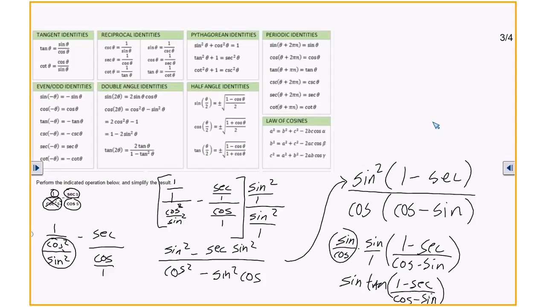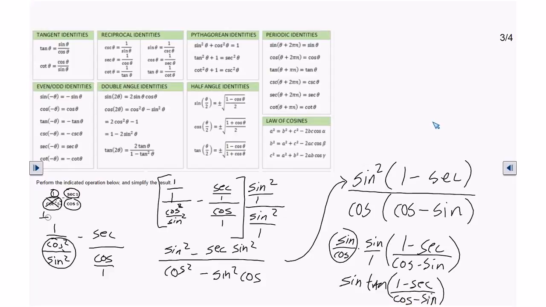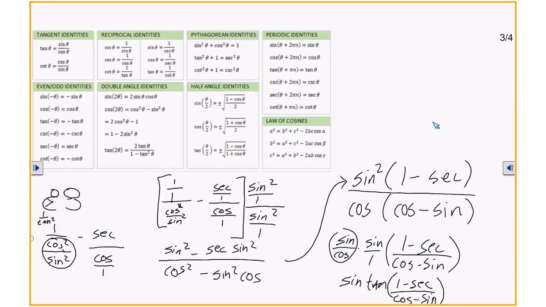But I don't think that cosecant squared minus 1 is going to help us. So you might want to try rewriting that cotangent squared as 1 over the tangent squared. That might work. And 1 over the tangent squared, 1 over sine squared over cosine squared. That might work. Go ahead and try that. See what happens when you change that into 1 over the tangent squared. Try that. Now it's gone again.